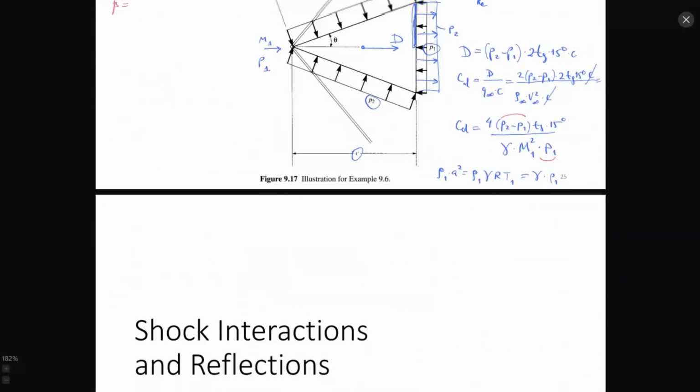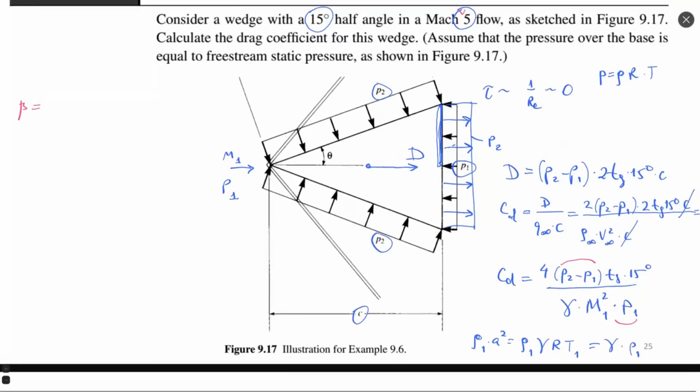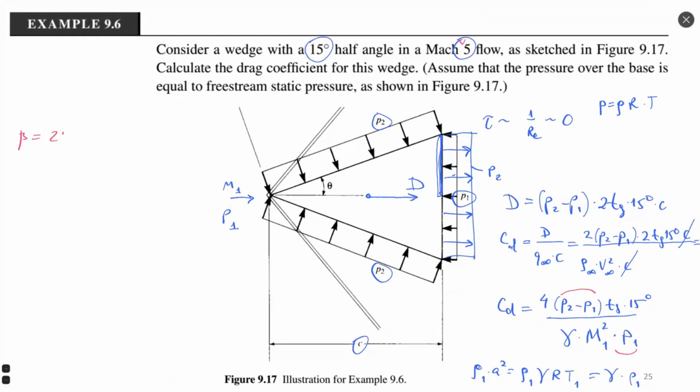Let's go back. Now Mn1, which is 5 multiplied by sine of 24 degrees. Just a moment, I will calculate. It's 2.03.